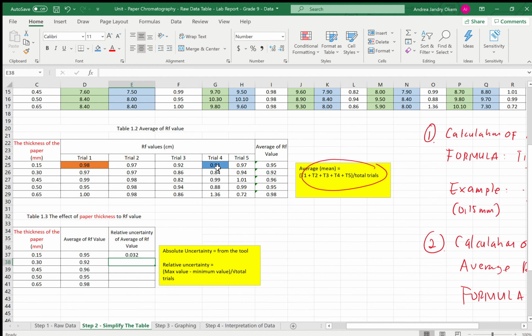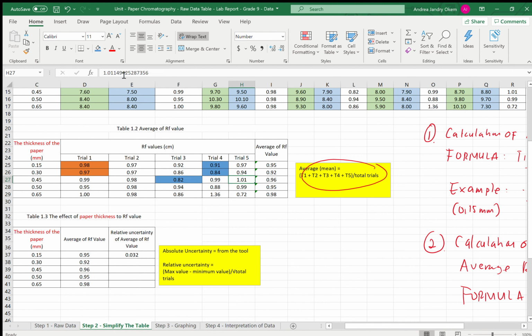Now in this part you cannot do like finding the black marker plus sign, but you have to insert manually. So later you have to identify first the highest, and then find the lowest, and then find the highest, and then after that find the lowest.